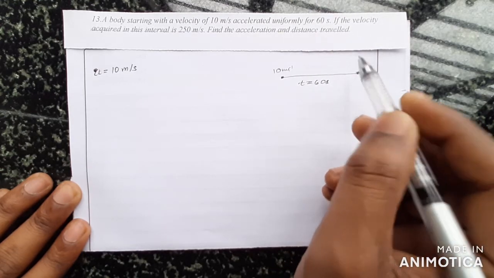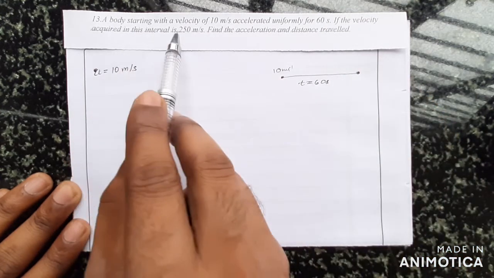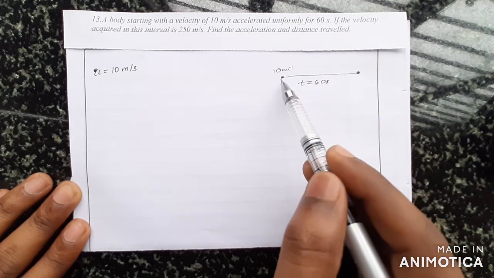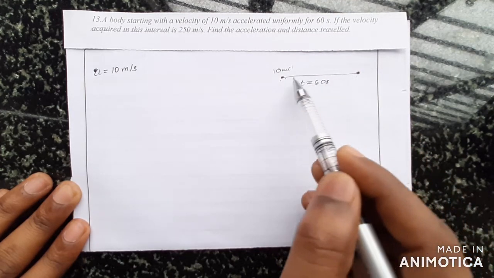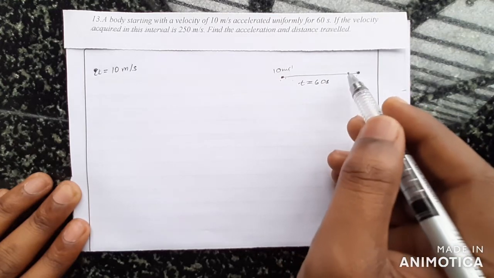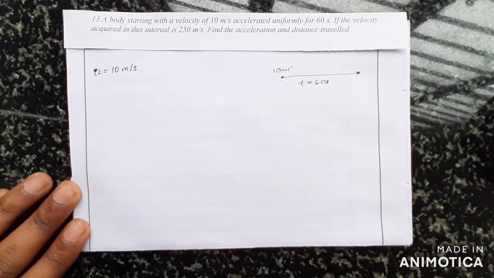And at the end of the motion, the velocity acquired in this interval of time, in this 60 seconds, is 250 meter per second.